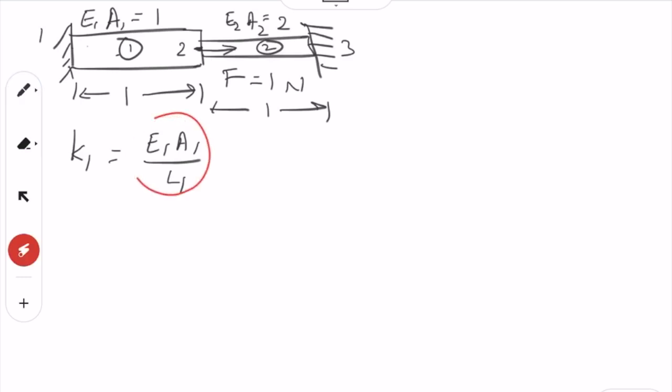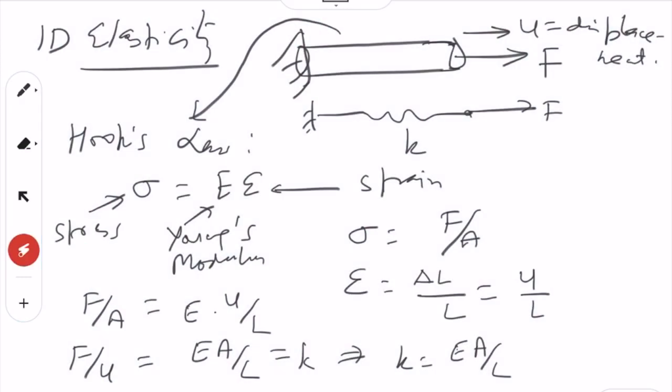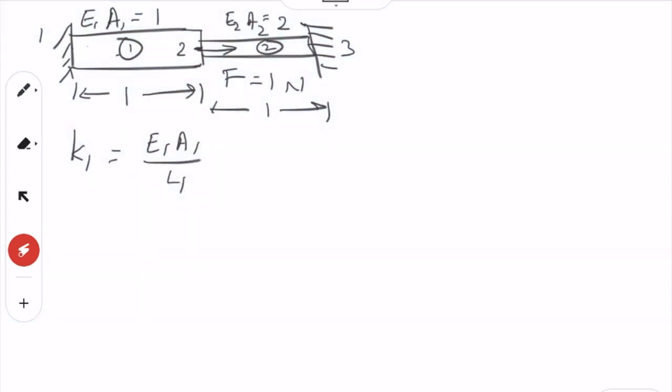As I said, this spring and this are equivalent, and we can write K equal to EA over L. The rest you can assume it to be a spring and go ahead from there.